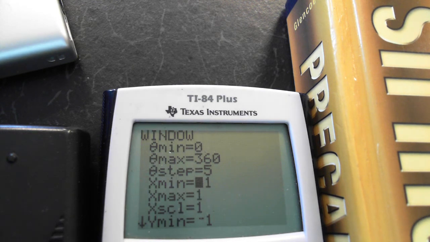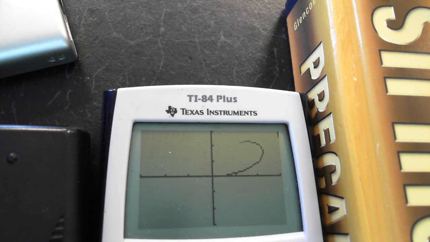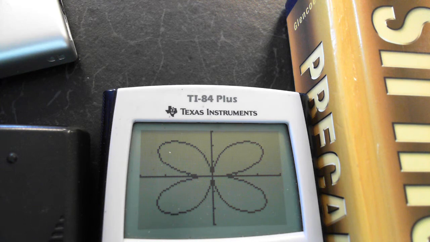Well, we're gonna have to change our window. It'd be 3. Chase is way ahead of you. Yep, I think they're 3. And 2 theta made 4 petals? Yeah. All right, I think this seems to be a pattern here.